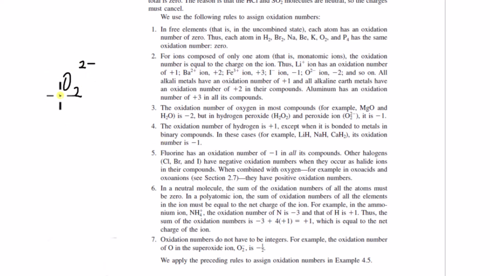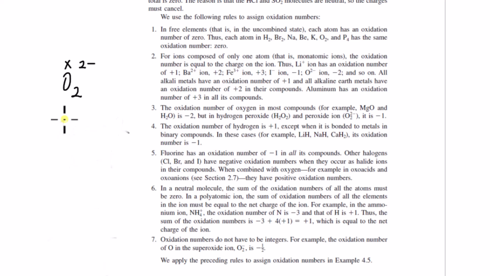Once again, this is an elemental form, so even though this is an ion, there still can be no skewing of electrons between these two oxygens, right? They're going to have the same oxidation number, which we'll say is X. So now if we apply the sum rule restriction, then 2 times X, which is X plus X, has to equal, under all circumstances, the net charge, -2. So X has to be -1.